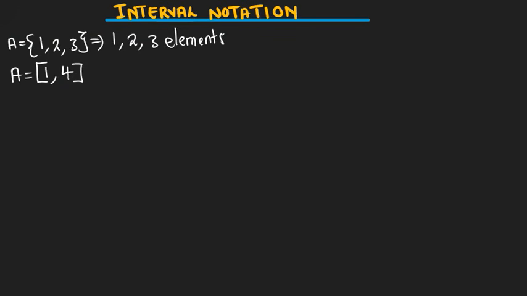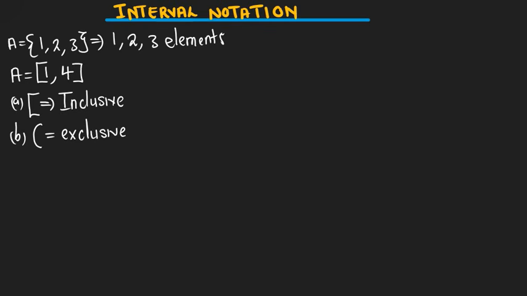Now, whenever you're doing interval notation, there are 2 things that I want you to know. 2 brackets. The first bracket is this particular bracket. Whenever you see a bracket of this type, this bracket simply means the inclusive bracket. Then when you see this particular type of bracket, it simply means exclusive. What do I mean?